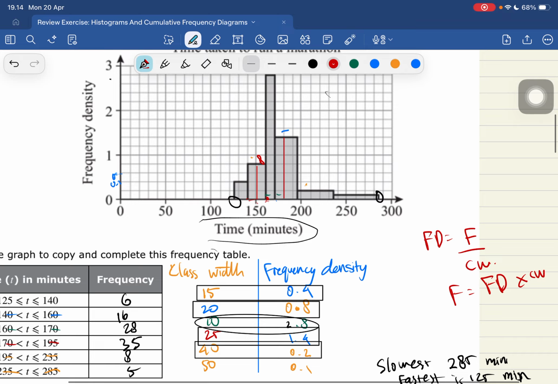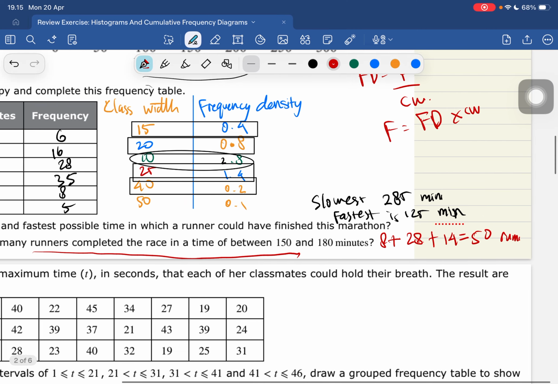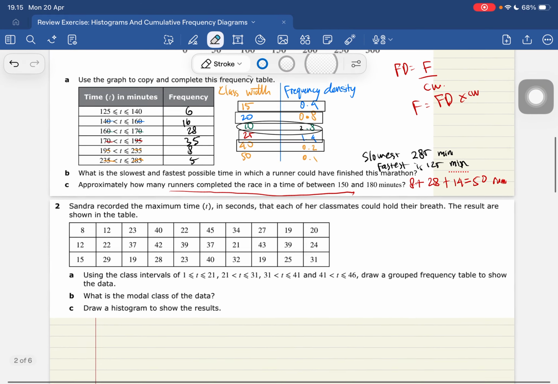And from 170 to 180, we take part of 35, which is 14. So 8 plus 28 plus 14 is approximately 50 runners.